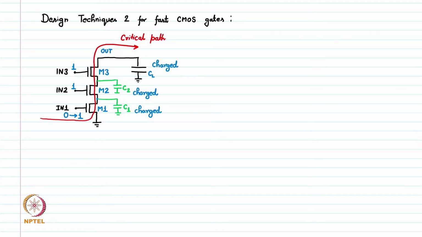Critical path is the path where we have maximum delay in a circuit. So this is shown here as the critical path, and the delay is determined by the time to discharge CL, C1 and C2.